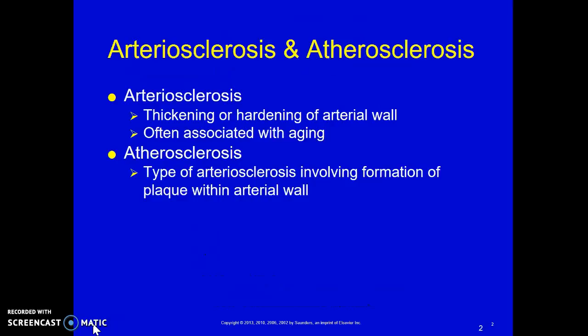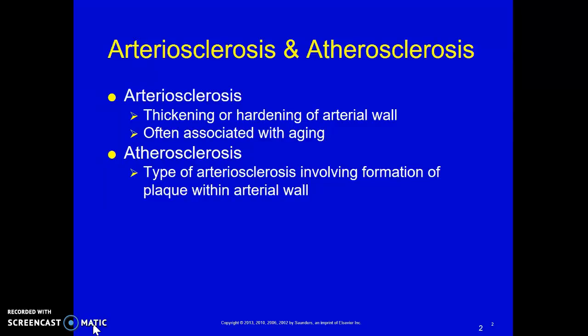This is just a slide that talks a little bit about the difference between arterial sclerosis and atherosclerosis. In our coronary artery disease discussion, we've been mostly talking about atherosclerosis, which is a type of arterial sclerosis where the plaque forms on the inside of the arterial wall, usually due to high cholesterol or high fat content in the bloodstream.